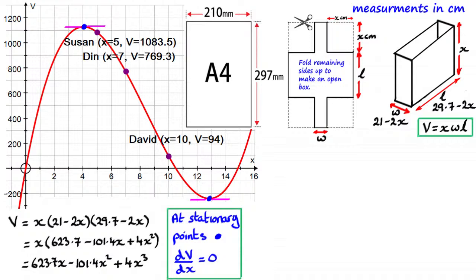Give us dv by dx. Just asking you, if you've just joined us, to differentiate this equation. We're looking at optimization, optimizing areas and volumes. Ella's got an answer.